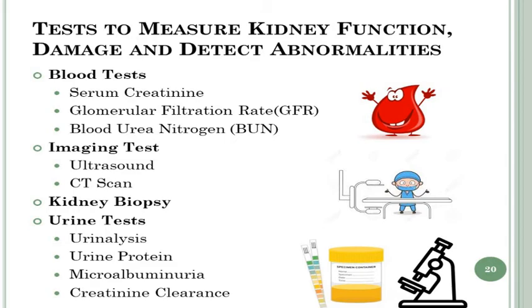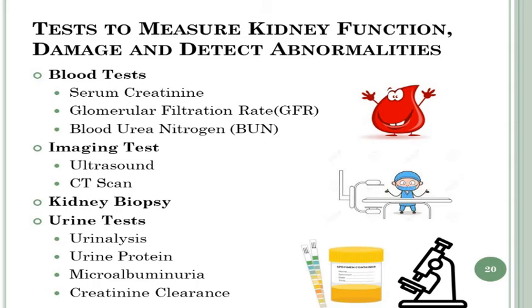A GFR below 60 is a sign that the kidneys are not working properly. Once the GFR declines below 15, one is at high risk of needing treatment for kidney failure, such as dialysis or kidney transplant.